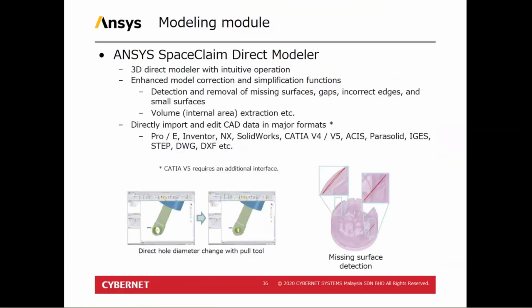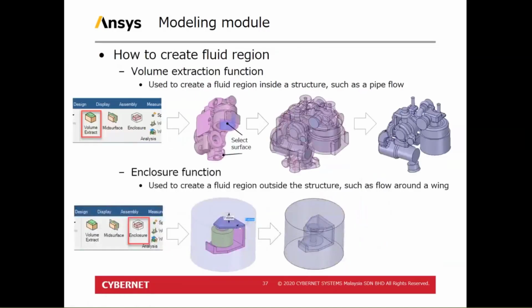And this product has a lot of functions for simulation preparation, like simplification and repairing the CAD data. Also, SpaceClaim has a function to import and export geometry data in several CAD formats like this.